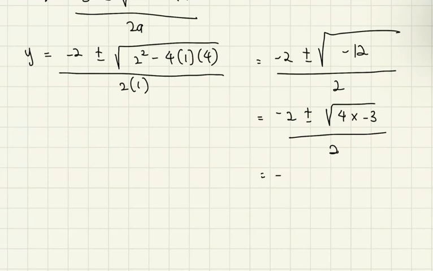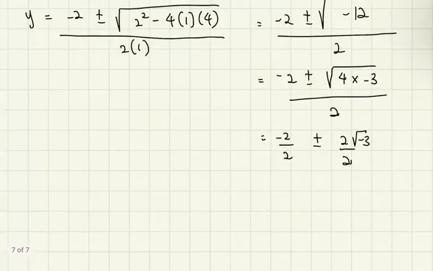So minus 2 over 2 plus minus. Square root of 4 is 2, over 2, times square root of minus 3. So we have minus 1 plus minus; this one can cancel out. Square root of minus 3 is square root of 3 times square root of minus 1.